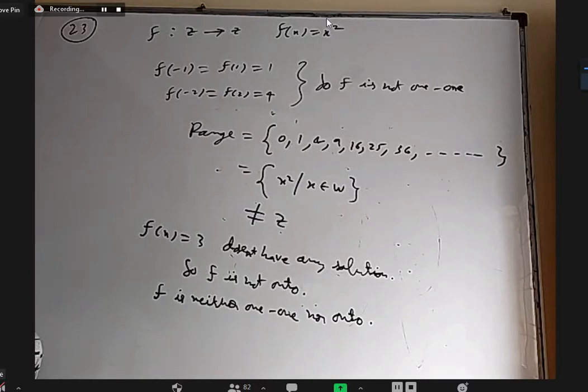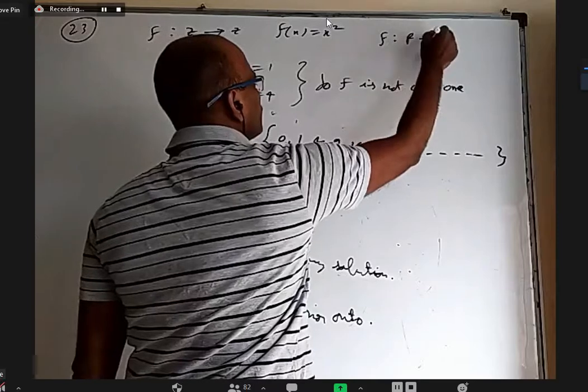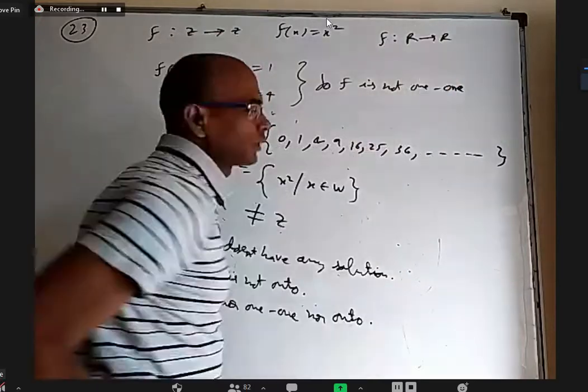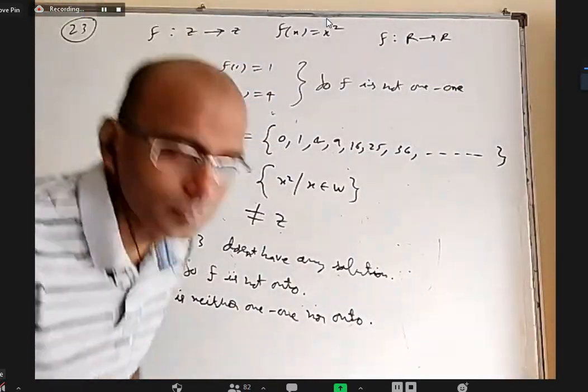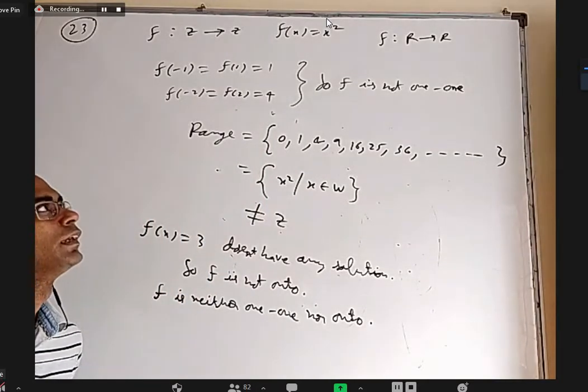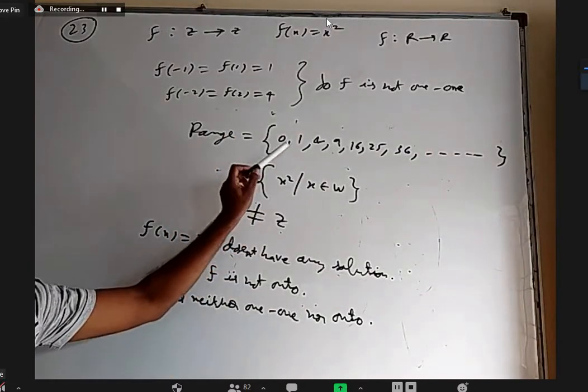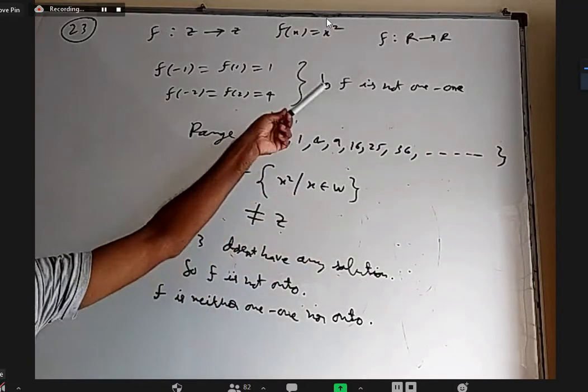Sir, if we keep all real numbers instead of integers, what all changes will be there, sir? You want to write R to R, let us say. That is also neither 1-1 nor onto. Why? Again, same example. Here the range will come as 0 to infinity, but the codomain is different.